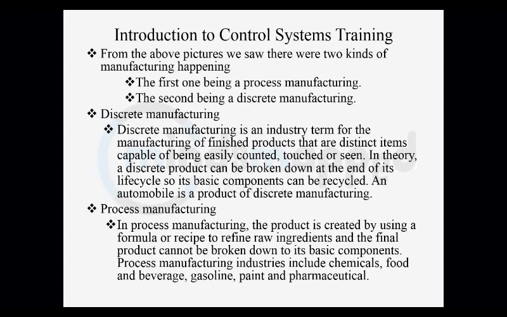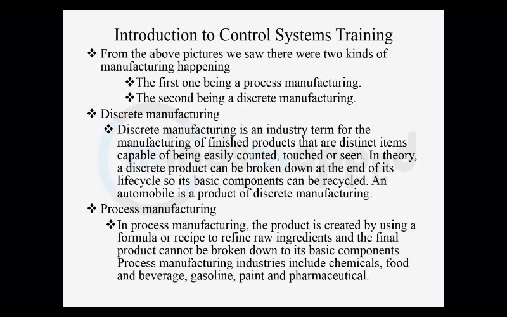So what I want to say by this is that these items are distinct items which are easily identifiable and they can be counted. So discrete products are being assembled in discrete manufacturing. Products are assembled using distinct items capable of being easily counted, touched, or seen.